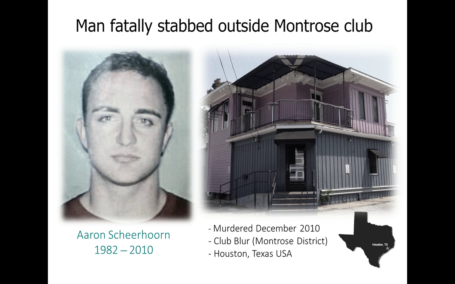The bouncers did not let him inside the club, and while they were arguing about letting him in, the perpetrator caught up with Mr. Scheerhorn and proceeded to stab him to death in the parking lot of the club. And there were several eyewitnesses that were standing around in the parking lot outside of Club Blur, and they witnessed the stabbing.